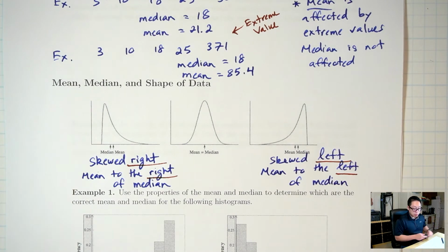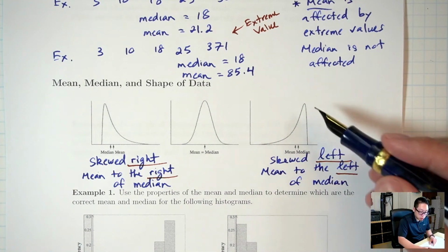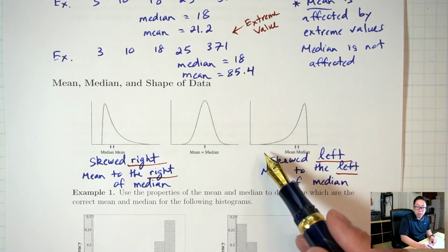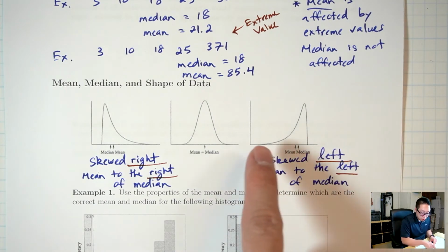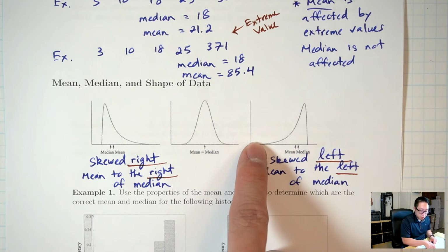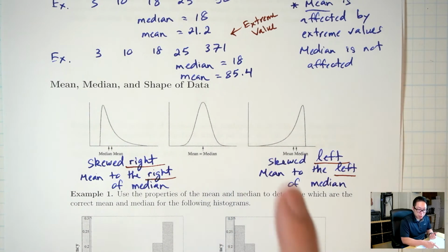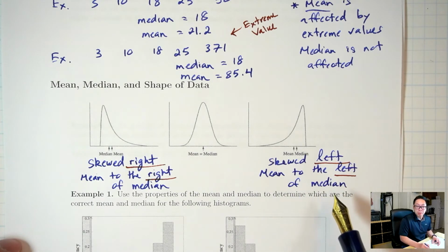Okay, and for the same reason, in a skewed left picture, most of your data is on the high side, and then you have a few on the left side. So the extreme values are on the left side, and the extreme values will affect the mean by pulling it left or downward, which is why the mean is going to be to the left of the median.